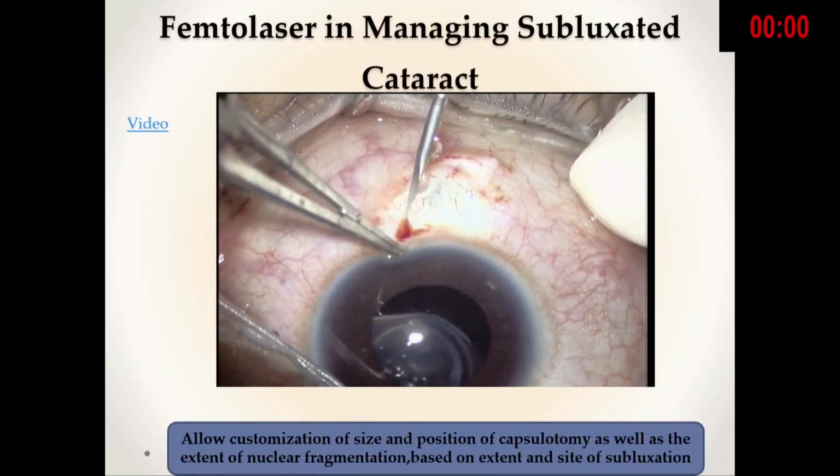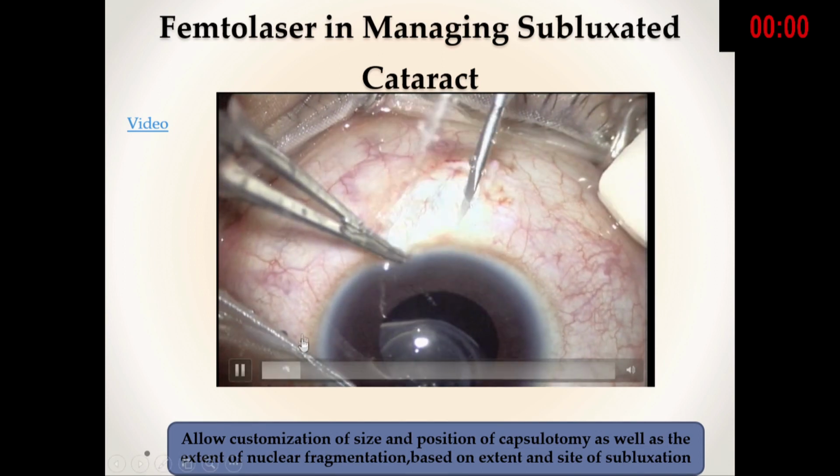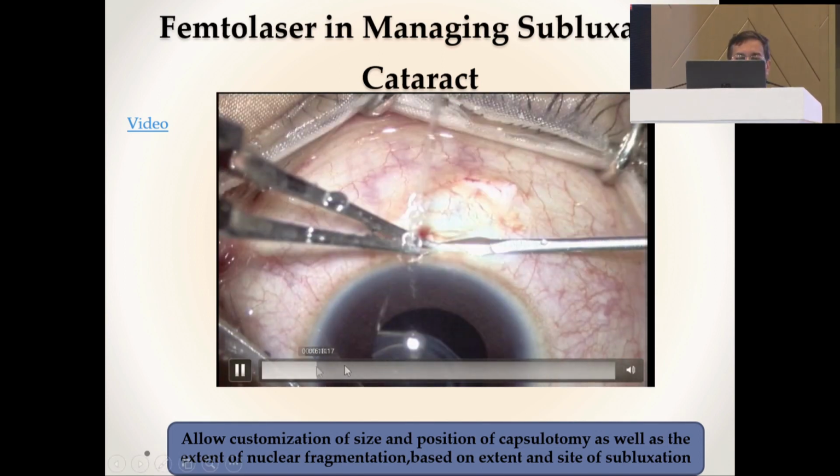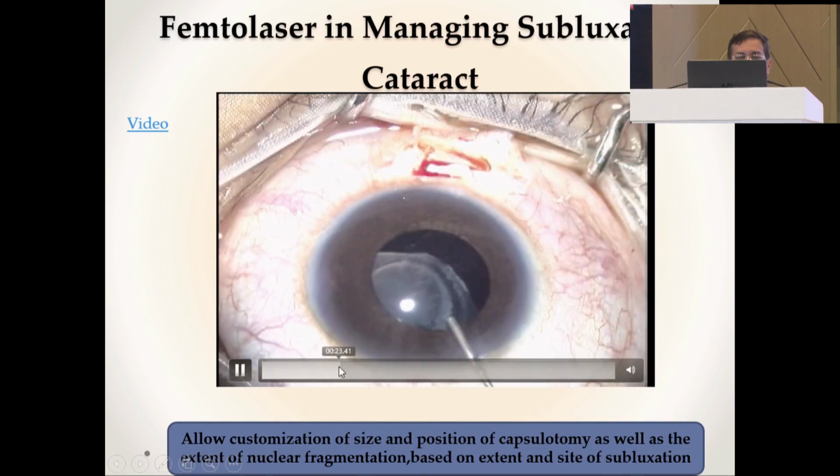With the help of the femto laser, you can make an eccentric rexis exactly centered on the nucleus, and once it is done, you can do the surgery, remove the soft cortical cataract and suture the ring.